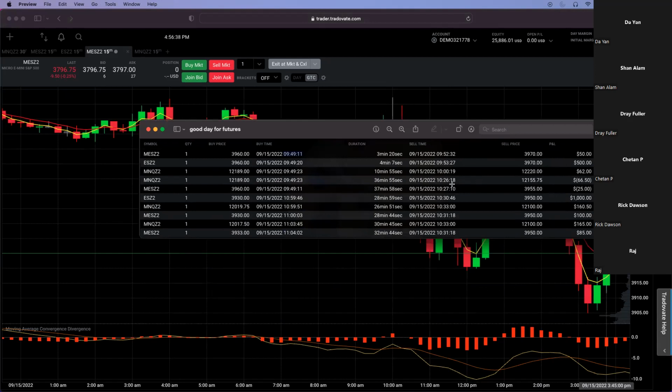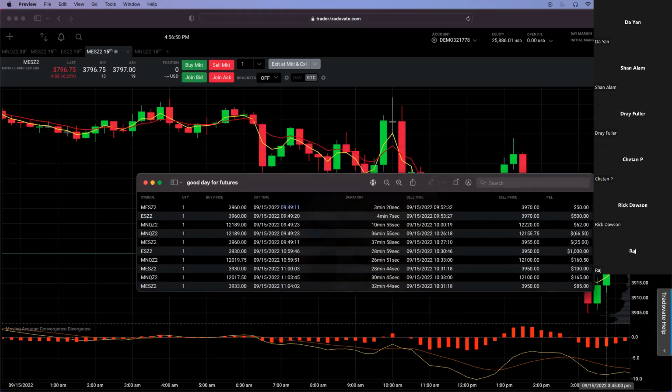So we finished this one. Then I made some error. What error did I make? I had two contracts of MES and MNQ. I closed one of them at 10 points. I just let one more run. But I should have closed it at 39.75, and it looks like I did not do it.